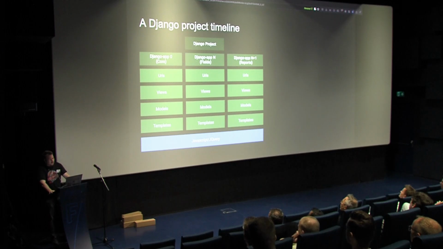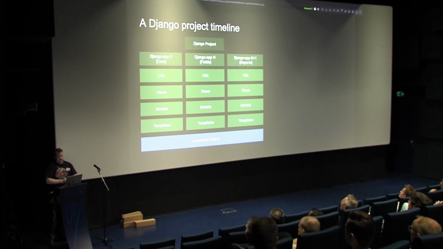Sometimes you add some more apps, like fields or reports or whatever, to solve the needs of the business. So you add some business logic to your Django project. In the beginning it can be quite simple. The front end is usually just some included static JavaScript, some jQuery, data tables, whatever. It could be very simple.